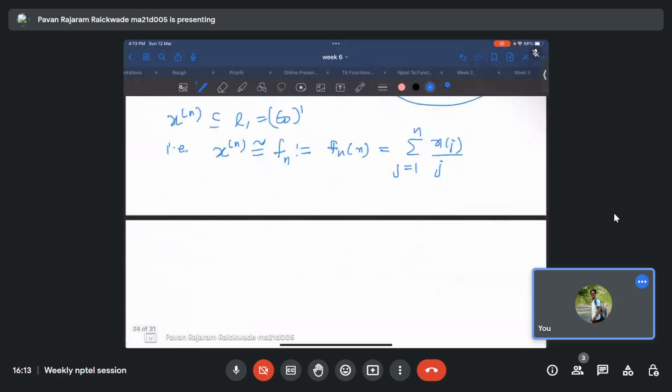So Fn is in C naught dash, and you have to check whether this Fn converges, I mean weak star.